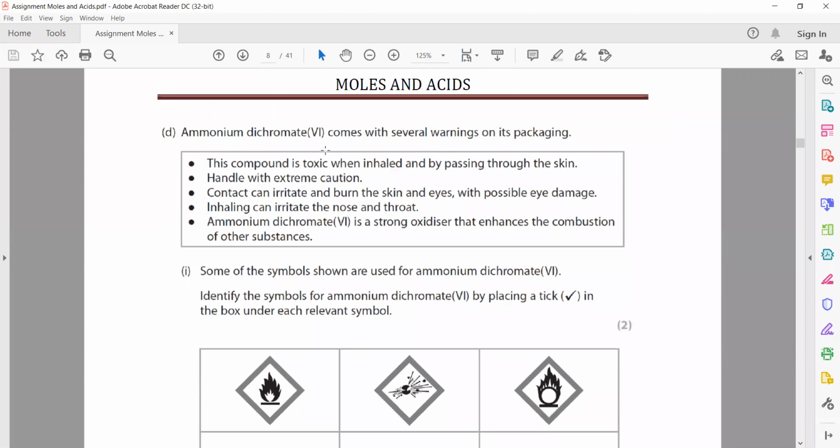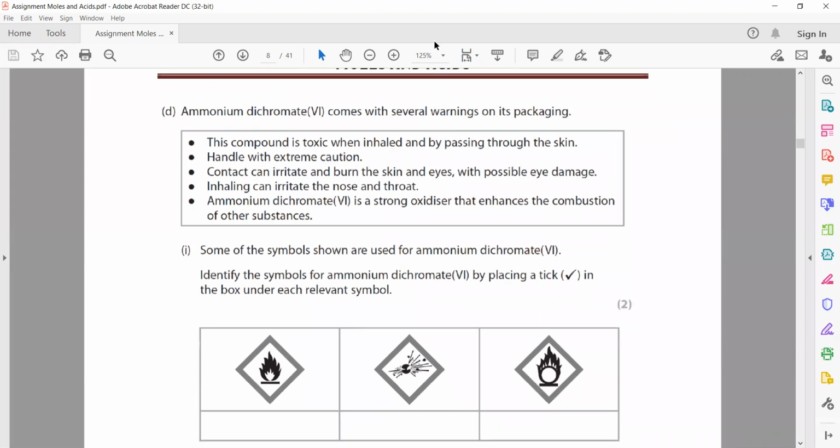In the next part, ammonium dichromate comes with several warnings on the packaging. They mention that this compound is toxic when inhaled and by passing through the skin. Handle with extreme caution, and contact can irritate and can burn the skin or the eye with possible eye damage.